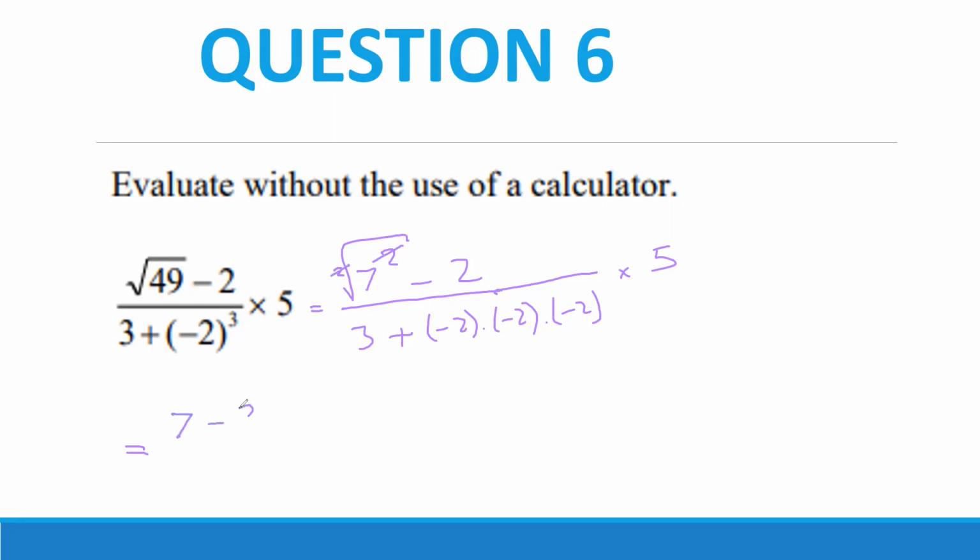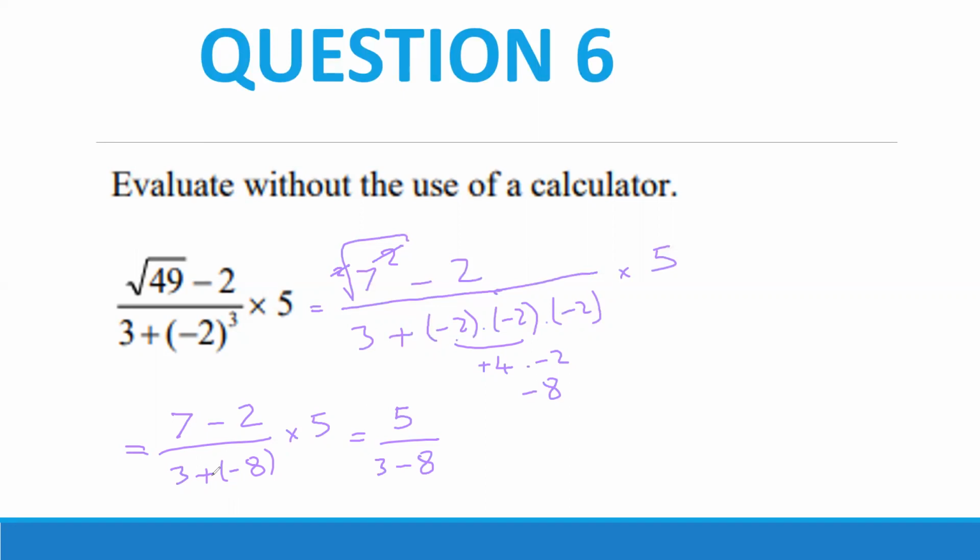7 minus 2. And 3, what are we getting here: negative 2 times negative 2 making 4, and 4 times negative 2, you are getting negative 8. So plus and minus 8, times 5. And what we are getting on top, 7 minus 2 is 5, and 3 minus 8. You know this step, right?